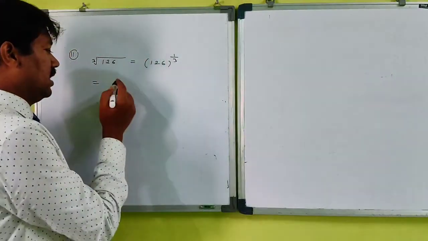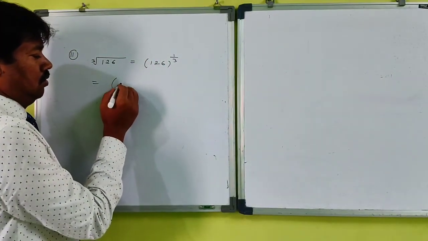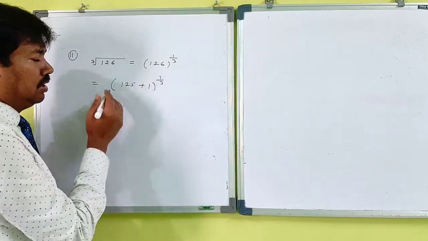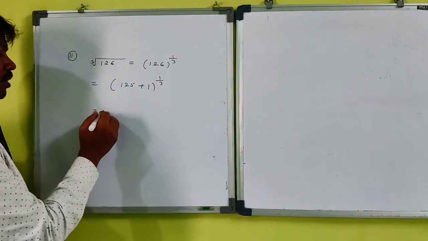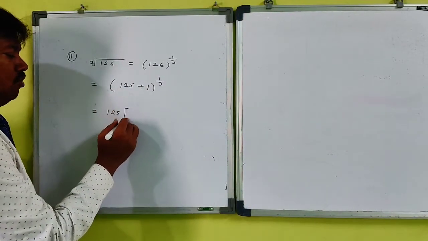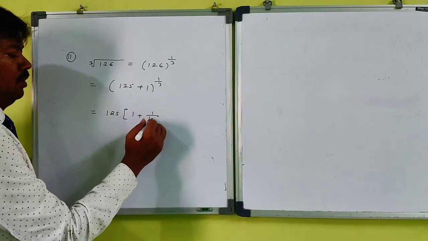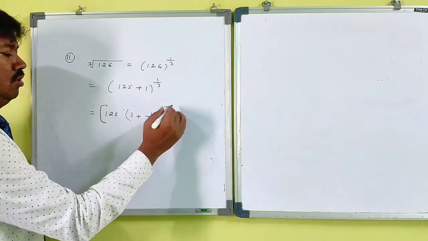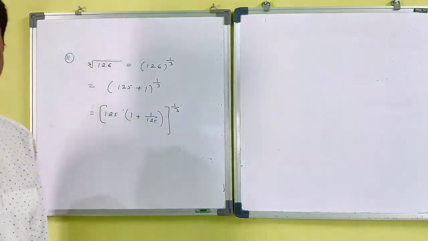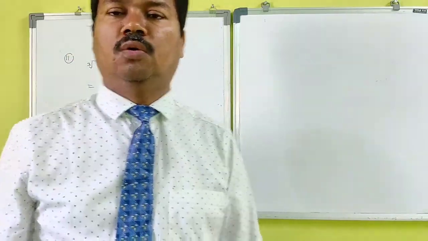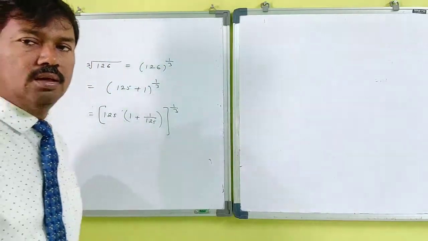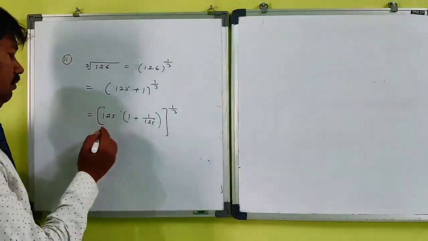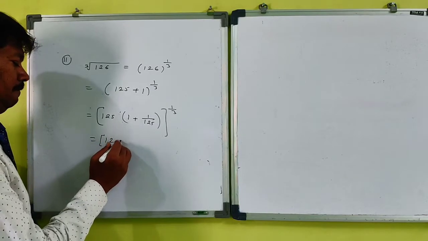So we can write this as 125 plus 1, and 125 becomes common, so it is 125 times (1 plus 1 upon 125), raised to 1 upon 3. Now 1 upon 125 is nothing but 0.008.